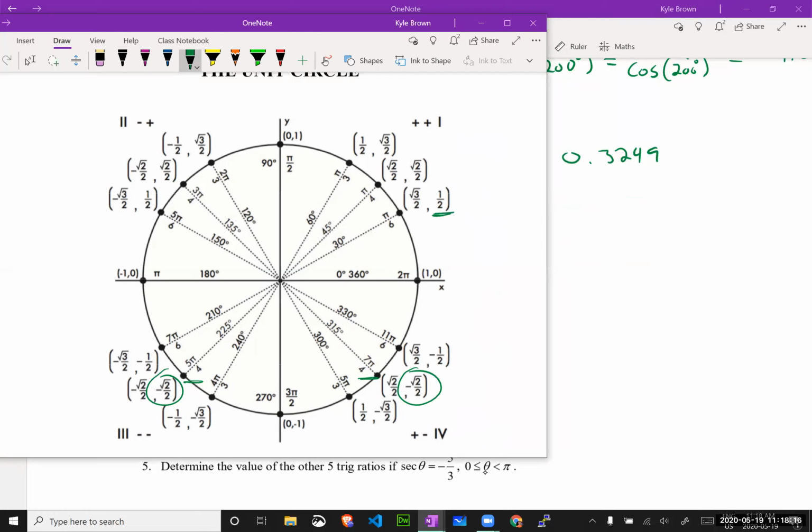The y value divided by the x value. So I've got to figure out which of these cases would make it turn out so that the y value divided by the x value would end up giving me negative root 3. So we kind of have to do a little bit of trial and error here. We want to just try a few things out to make this work. I think that'll be the easiest way to do this.